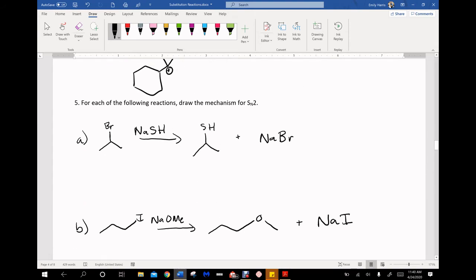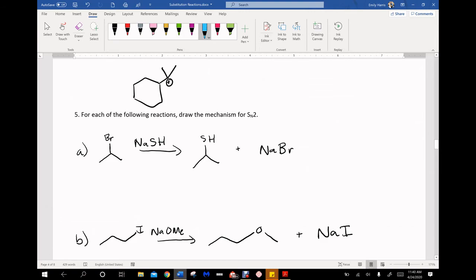All right, then 2 more let me help you with. So number 5A, it says for each of the following reactions, draw the mechanism for SN2. So we know that the SN2 reaction is one that occurs in just one concerted step. I'm going to redraw it at the bottom here just so you can see more clearly.